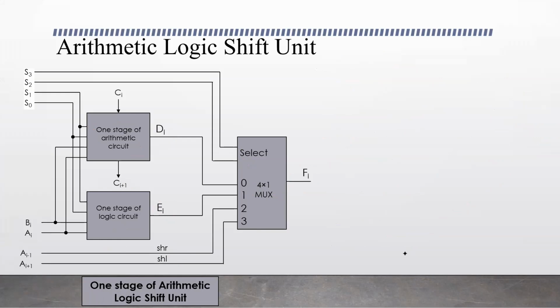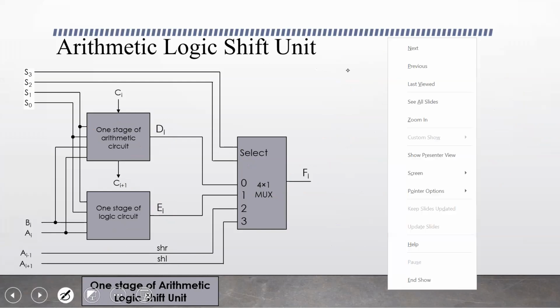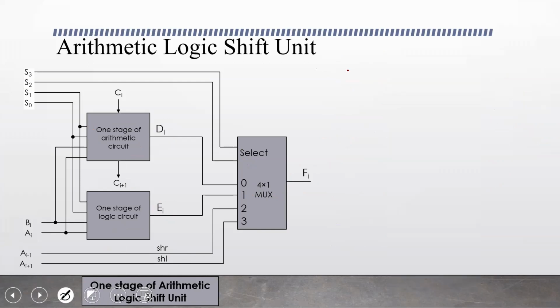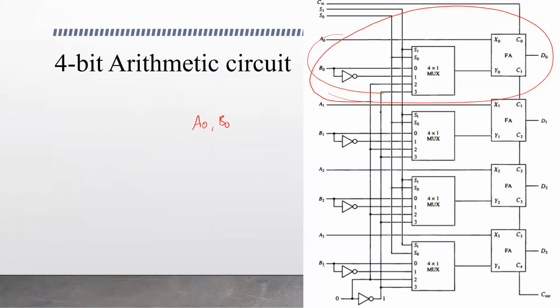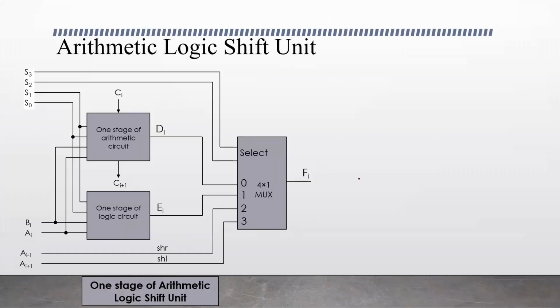So let's draw that one stage of the arithmetic circuit here. The inputs to the circuit are S1 and S0, and the inputs A0 and B0.